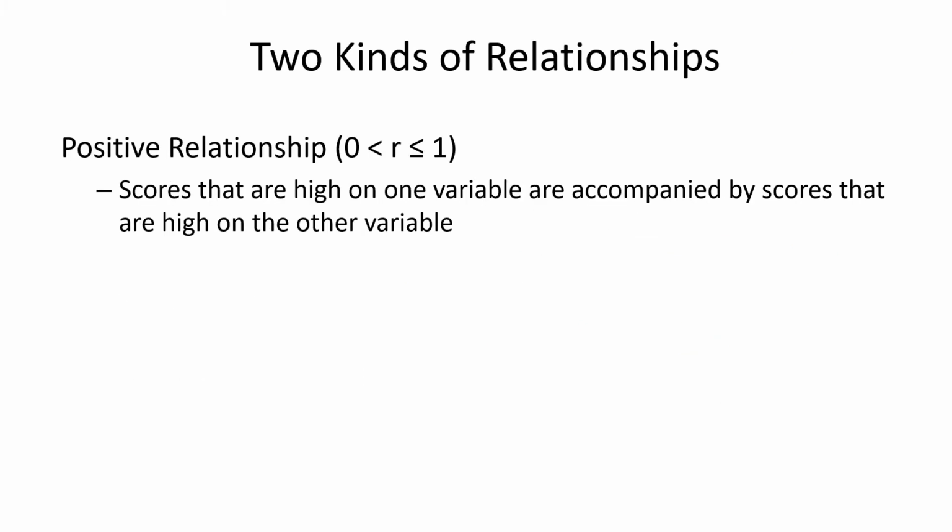Let's look more at that direction. So positive is going to be anything greater than 0 all the way up to 1. Positive relationships are where scoring higher on one variable will be accompanied by a higher score on the other variable. So as one variable increases, the other variable increases. This is that example a few slides ago with temperature and aggression.